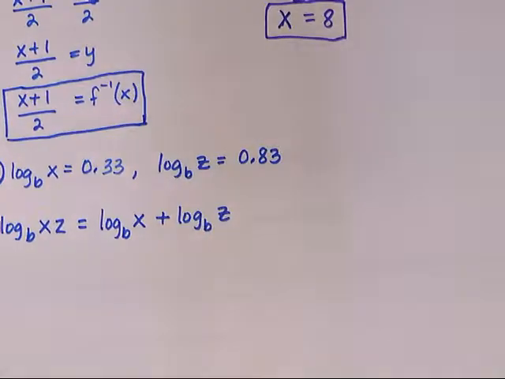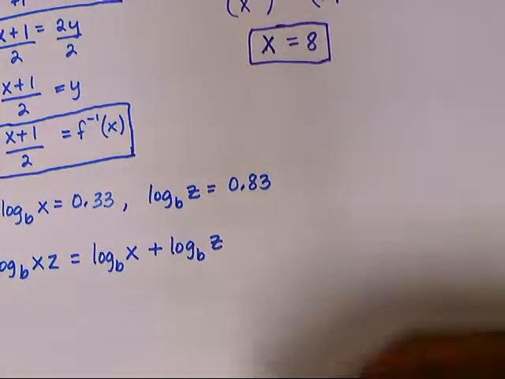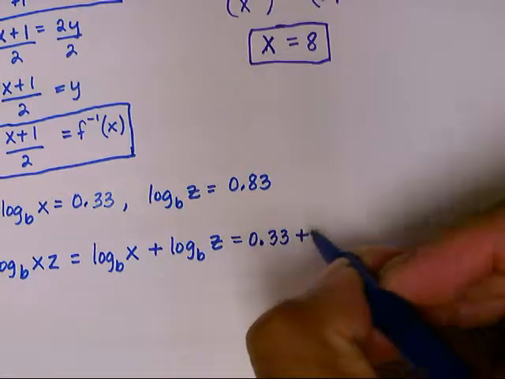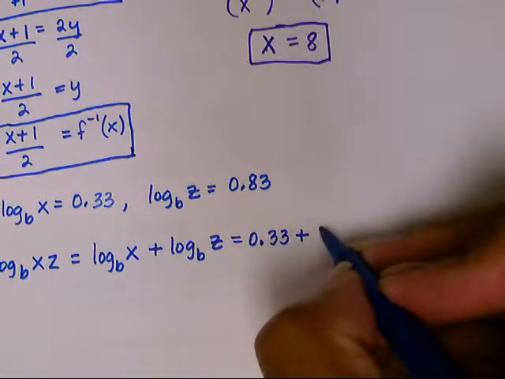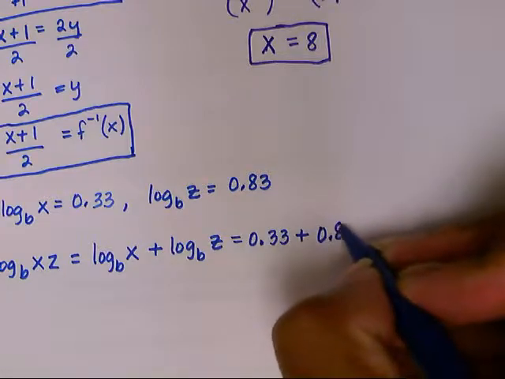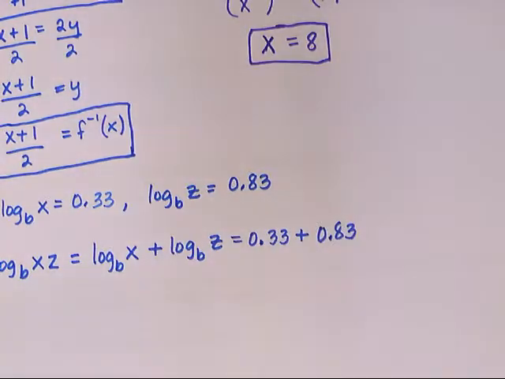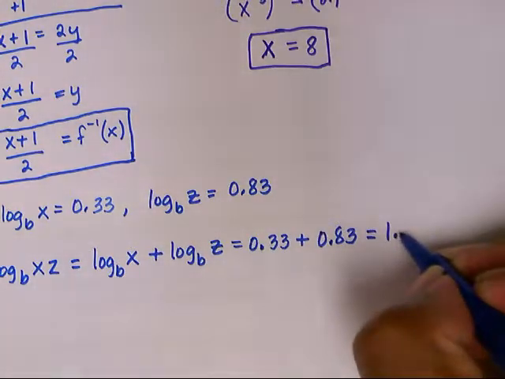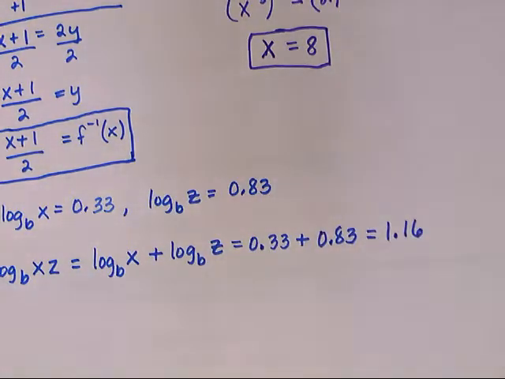So log to the base b of x is going to be 0.33, plus log to the base b of z is going to be 0.83. So 0.33 plus 0.83 would be 1.16.